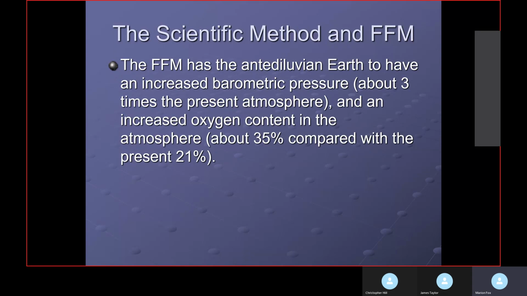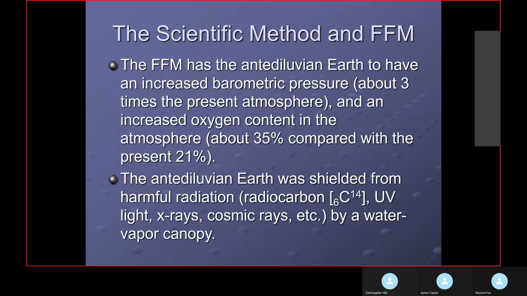This has a lot of implications, and the antediluvian world was shielded from harmful radiation by this atmosphere. And so radiocarbon, carbon 14, was shielded from by this, what I would call a canopy of water vapor.